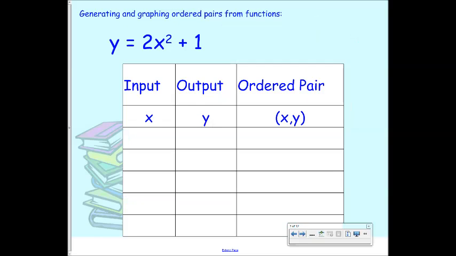Okay, so let's try this one. What's going on in this one? Yeah, you can make your own inputs. So in this case, I want you to do how many? 5. I want you to do 5. You can make them. Should you do 200? No, why not? That's a really big number. So when you are given the choice to make your own inputs, should you pick huge numbers or small ones?